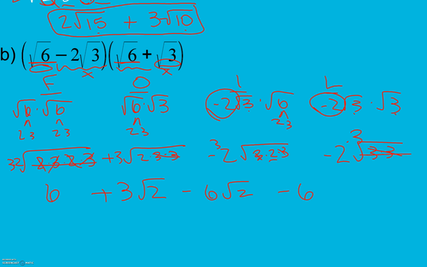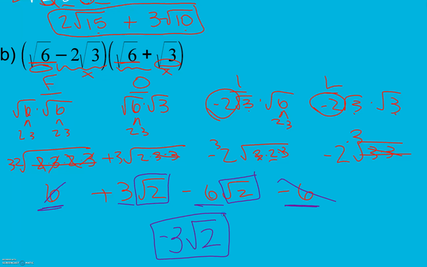Radical is gone. Now, I can combine like terms. 6 minus 6, 0. They cancel each other out. And because I have like radicals here, they're both square roots of 2, I keep my square root of 2, and I take 3 minus 6 and get negative 3. So this whole thing all simplifies down to be just negative 3 square roots of 2.